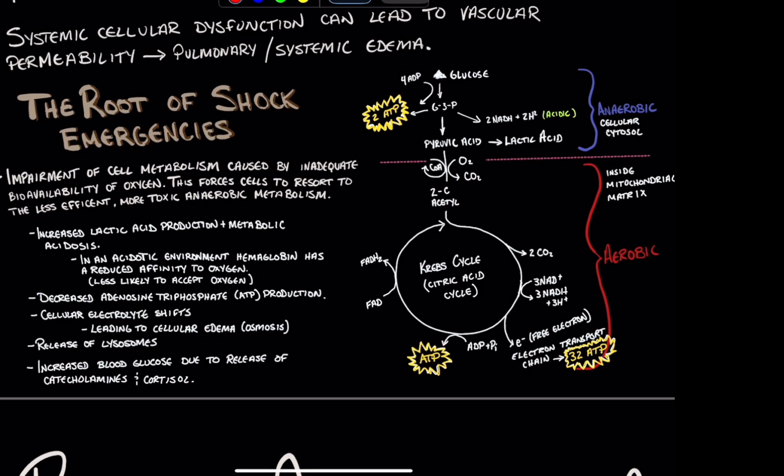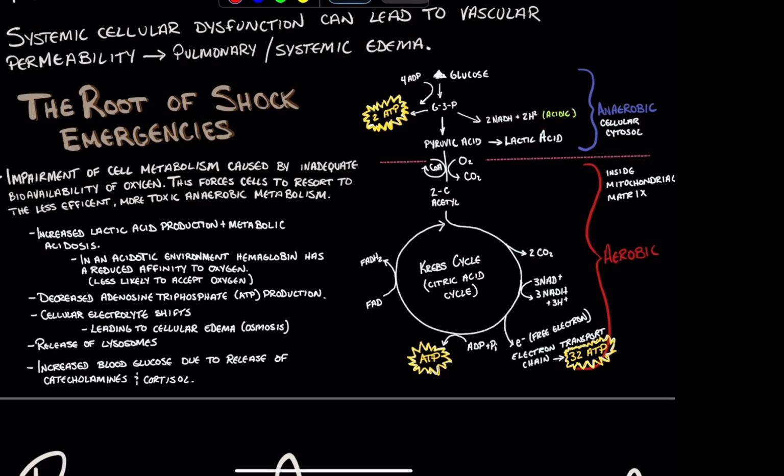The problem with anaerobic activity at the top is we have increased lactic acid production and metabolic acidosis. You can see here, it by itself will create acids and lactic acid. And out of that whole process, we only end up with 2 ATP, or we'll just say 2 energy molecules from that breakdown. Whereas if you look at aerobic metabolism, yes, we're still going to end up making this acid here.